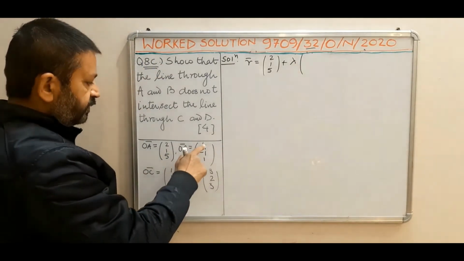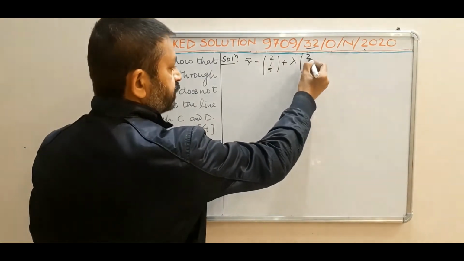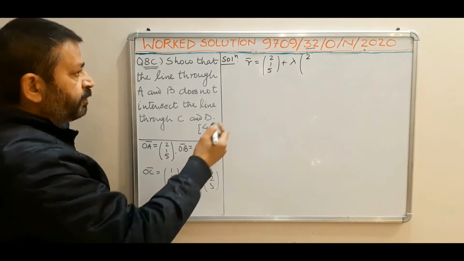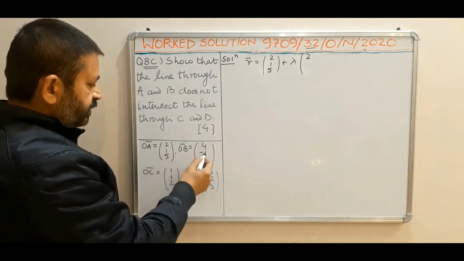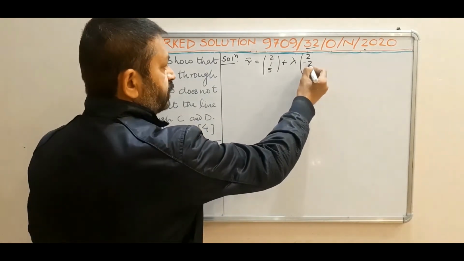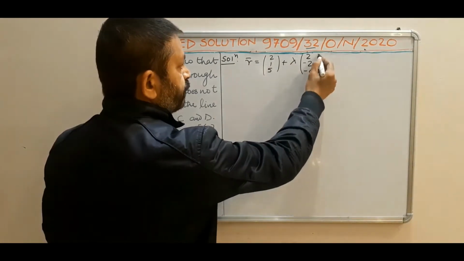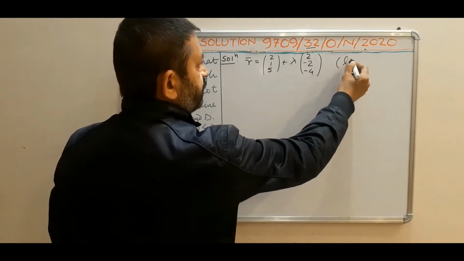What is vector AB? 4 minus 2, that is 2. Moreover, in part A we have already calculated AB. So it is 4 minus 2, then -1 minus 1 is -2, and 1 minus 5 is -4. So this is line AB.